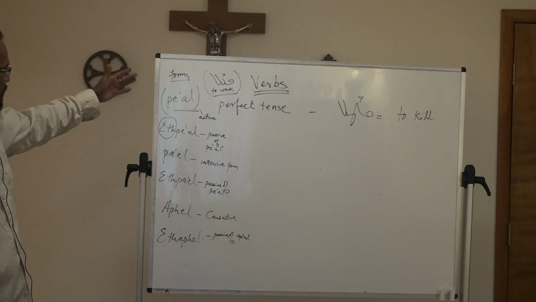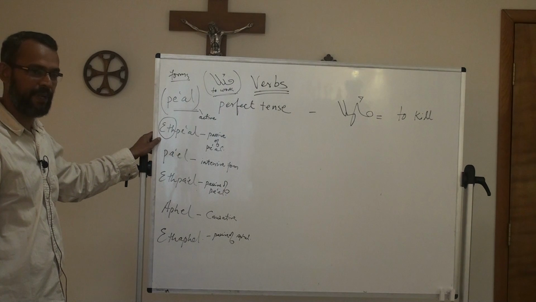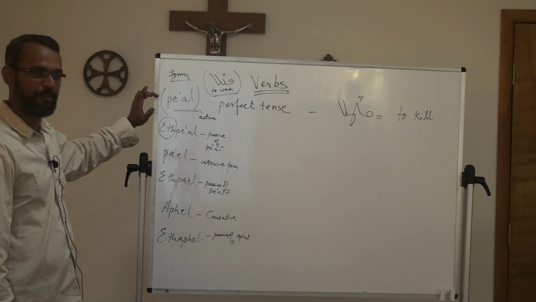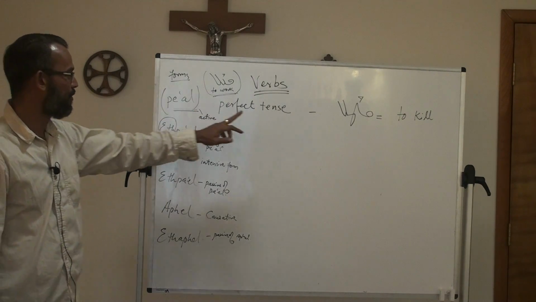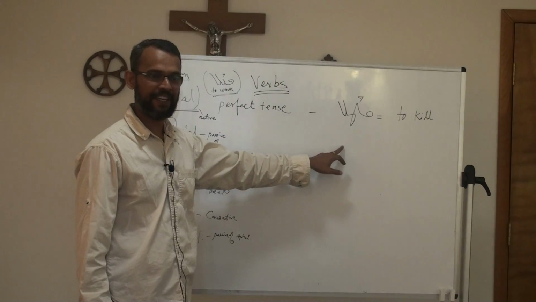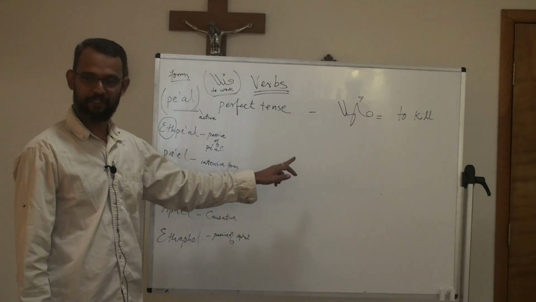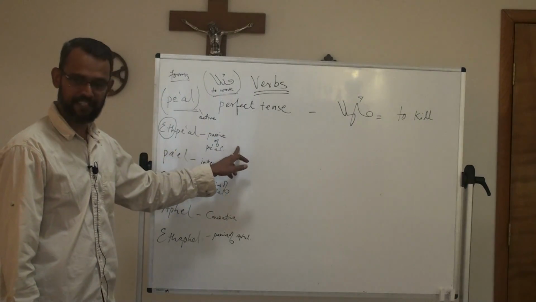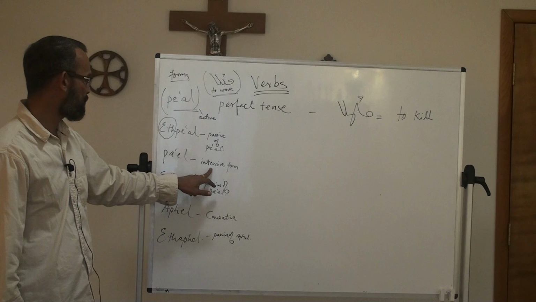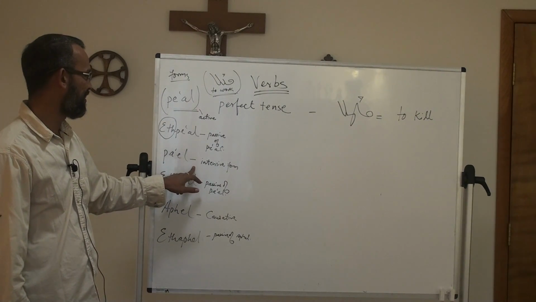So just keep in mind there are 6 forms: the peal form and an ethpeal, which is the passive of peal. So if this word is he killed, the passive will be he was killed. Ethpeal will be he was killed. So this is the active and passive. Get the meaning? Pael means the intensive form of peal.